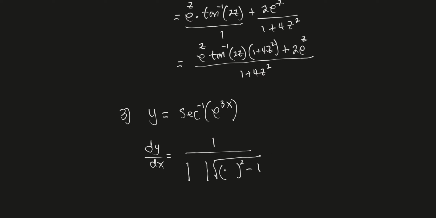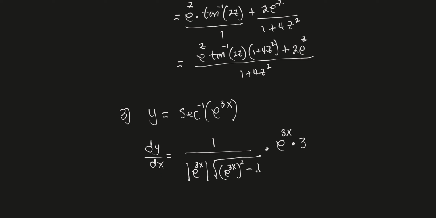Well, what goes in these places? It's whatever the inner function is. So it will be the absolute value of e to the 3x times the square root of e to the 3x squared minus 1. And then I have to multiply by the derivative of e to the 3x. Differentiating e to the 3x gives us back e to the 3x, and then I have to multiply by 3 again because of the chain rule, right?